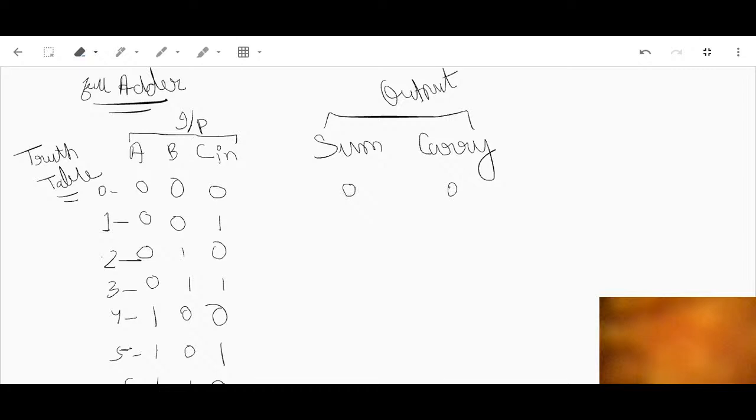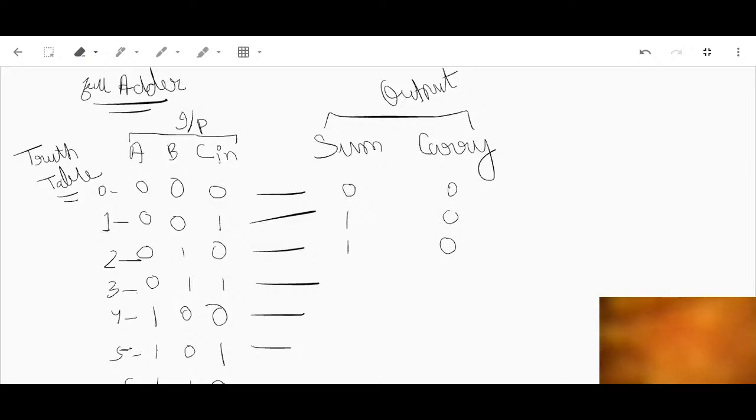So in the input 0, 0, 1, we have to write here in sum 1, we just get the sum of the input will be 1 and the carry will be 0. And the next input will be 0, 1, 0. So the output will be in sum 1 and the carry will be 0.